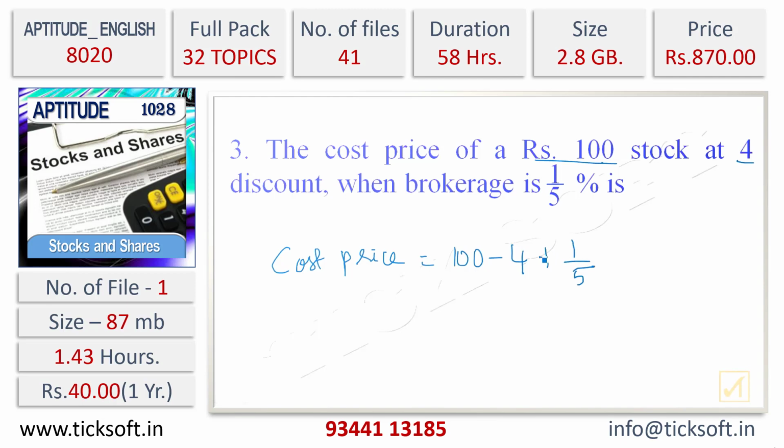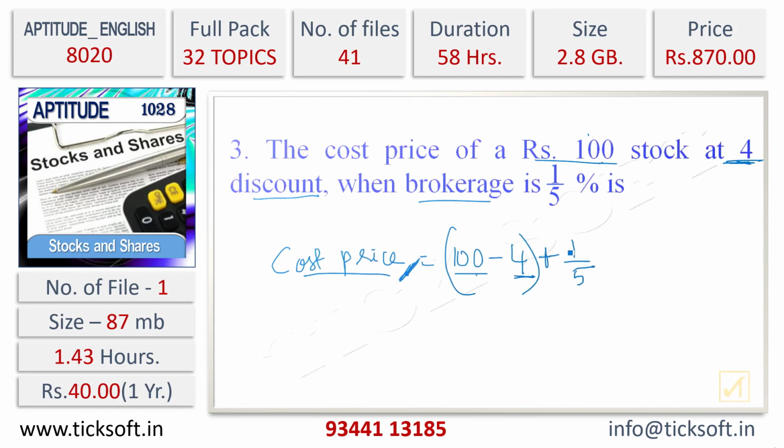So whenever a stock is purchased, we have to add the brokerage with the cost price, isn't it? So first we subtracted 4 from 100 because this stock is purchased at 4 discount, and here this is brokerage.